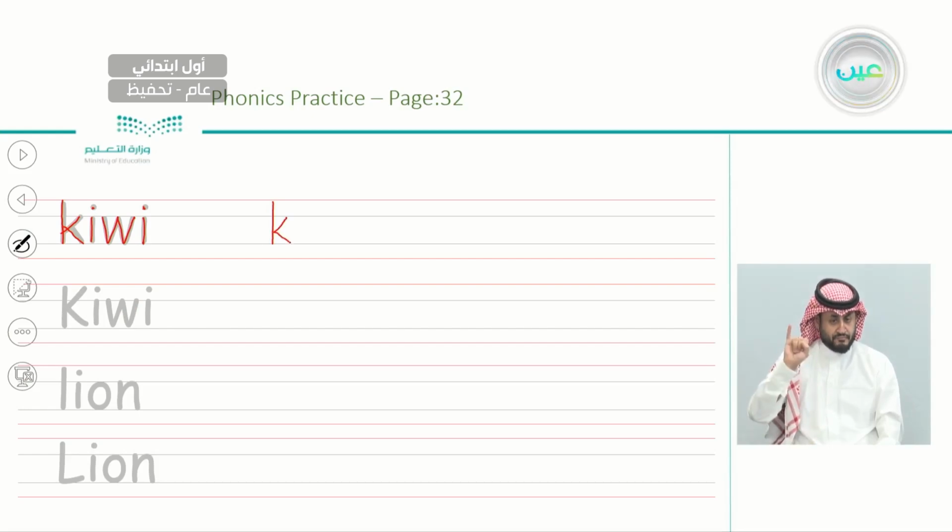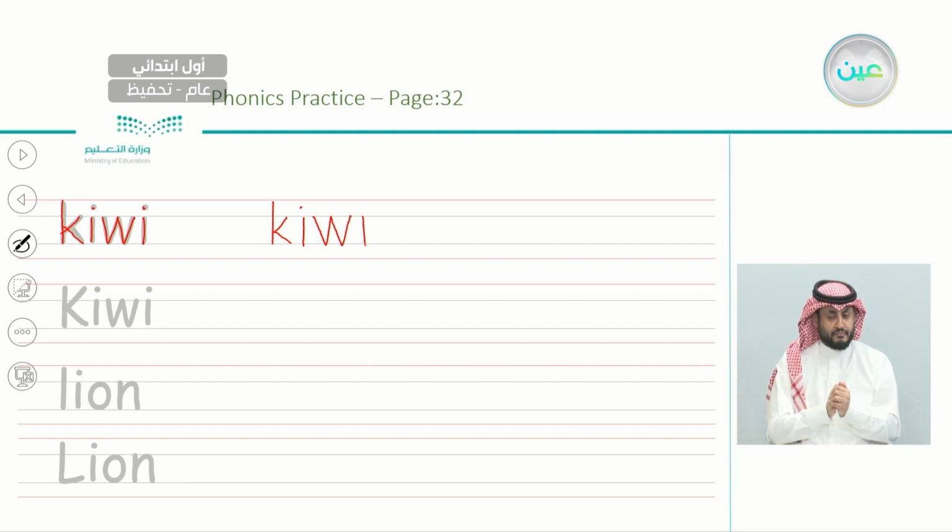Then after that, 2 small lines like this. And we have I between 1 and 3. And after that, a dot, W like this, and I like this. So kiwi. Let's write it one more time. K, I, W, and I again. So this is kiwi.